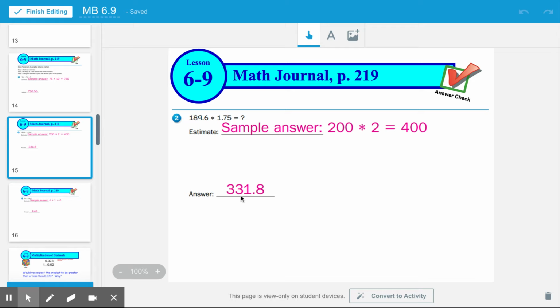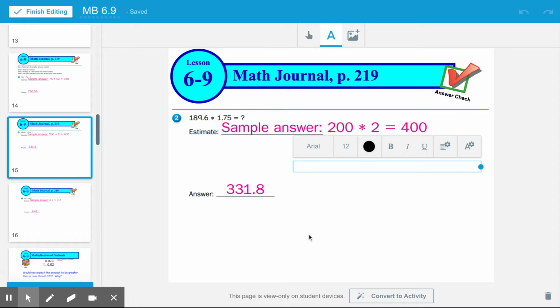And it's not going to give you an answer of 3,318. What you're actually going to see here is that you're going to take 189 and turn it into 1,896 times 175. And that is actually going to give you a very large number.